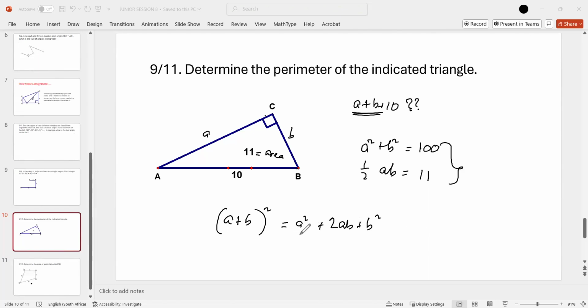Even if you're in grade 8, you should always know that when you're squaring the sum of two numbers, it is A squared plus 2AB plus B squared. I think I mentioned this at some other stage. I can put the A squared and B squared together because that is what we have. So if I just push this thing here, I got A squared plus B squared is 100.